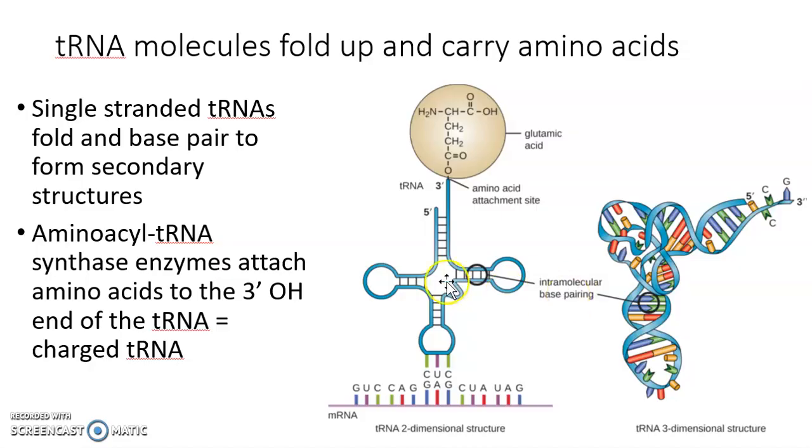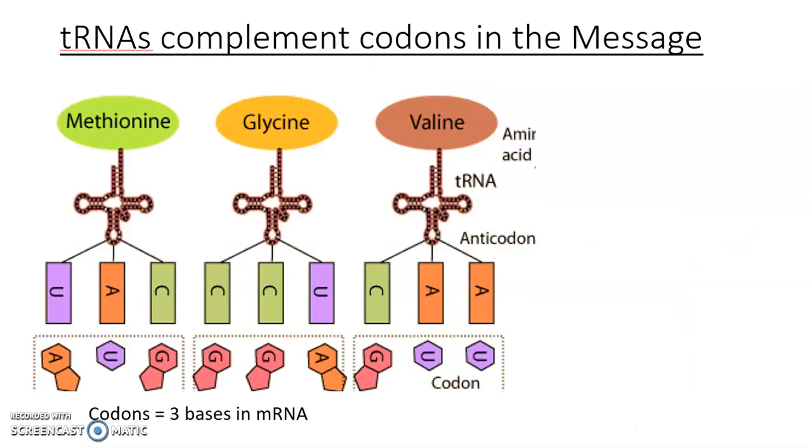The other important part of our tRNA molecule is what's known as the anticodon. That has these 3 bases that are sticking out over here. If you look at the process, those tRNAs are going to complement some bases in the message. So think about your messenger RNA.